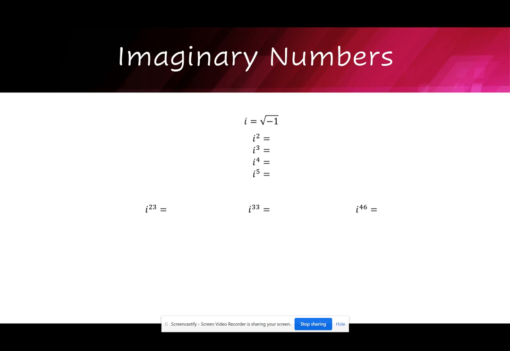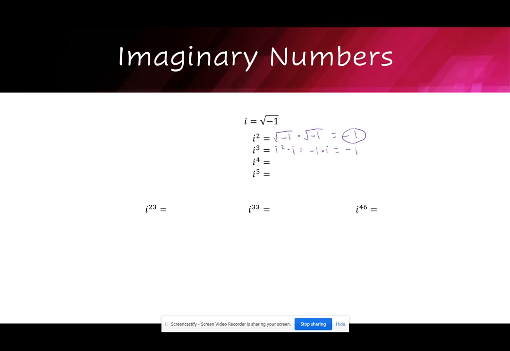It's just imaginary. So i squared would be -1, the square root of -1 times the square root of -1. The square roots cancel out, so that would just be -1. i cubed is the same thing as i squared times i, so it would just be -1 times i.